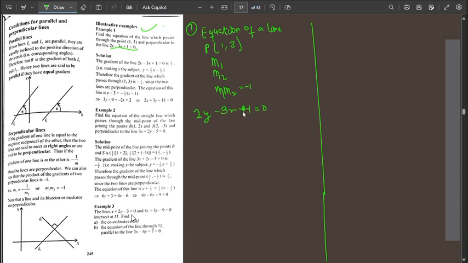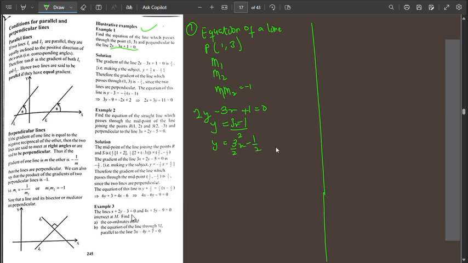We know how to find the gradient of a line: you express it in the form y is equal to mx plus c, and then you find the gradient. So y is equal to 3 over 2 x minus 1 over 2.